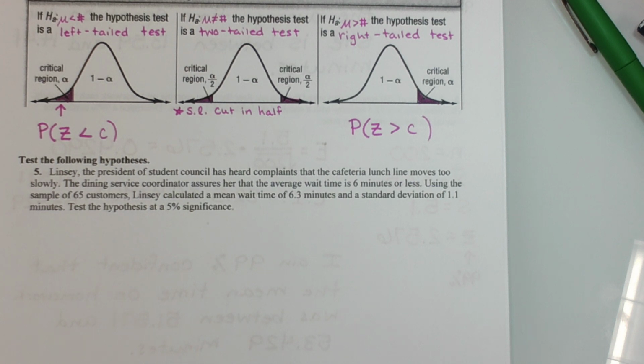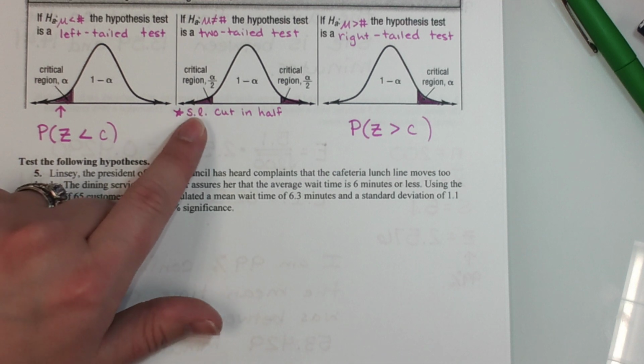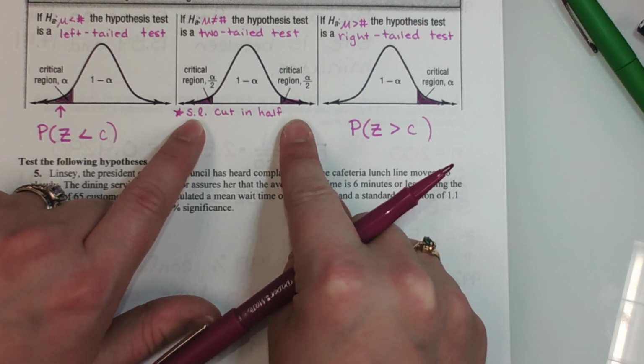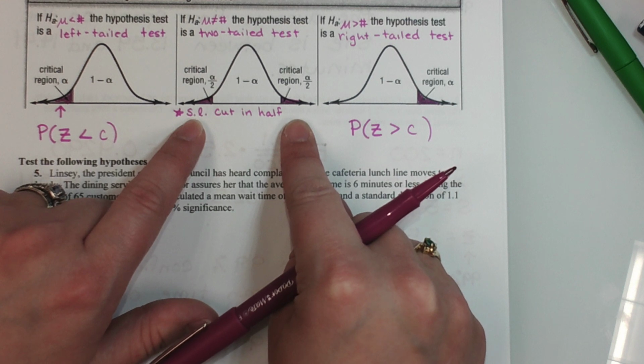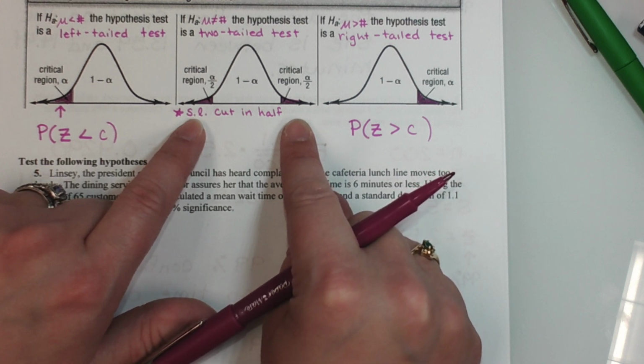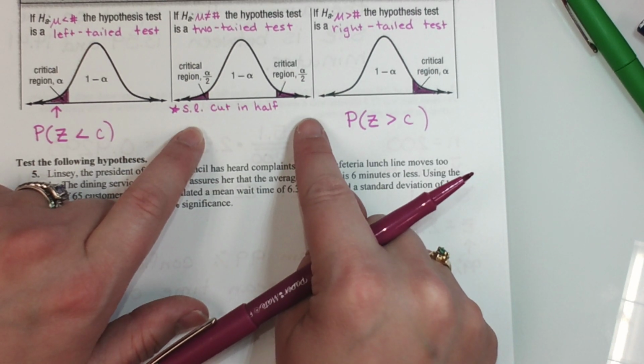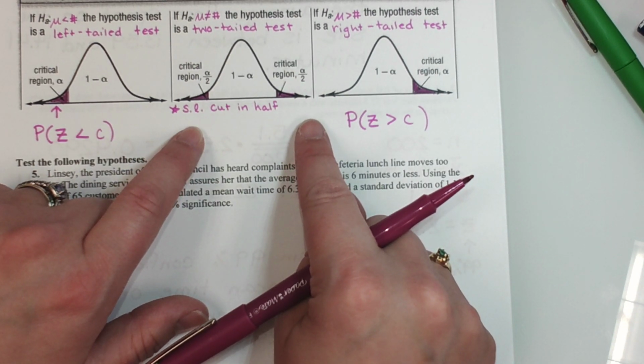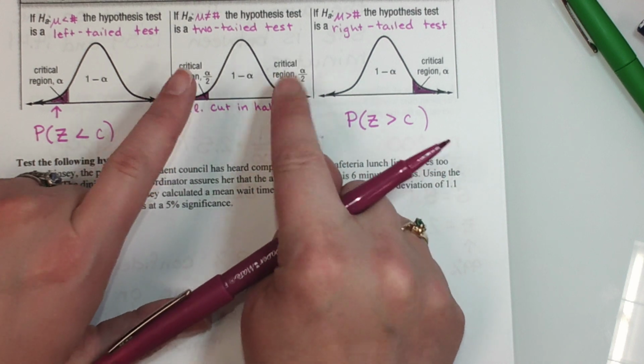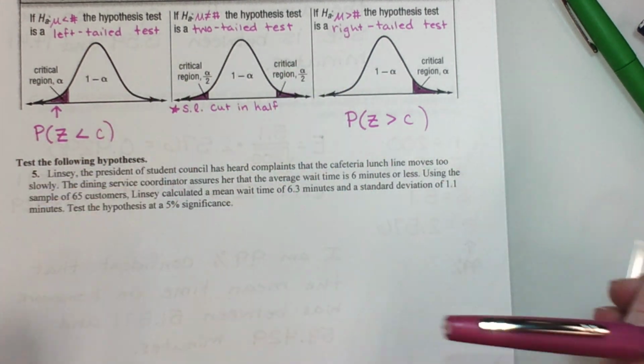If you're doing a 10% significance level, that means 5% of it's down here, 5% of it's up here. And when you make your comparison of probability on a 10% significance level two-tailed test, you're actually going to end up comparing to 5% because the significance level got cut into two regions.